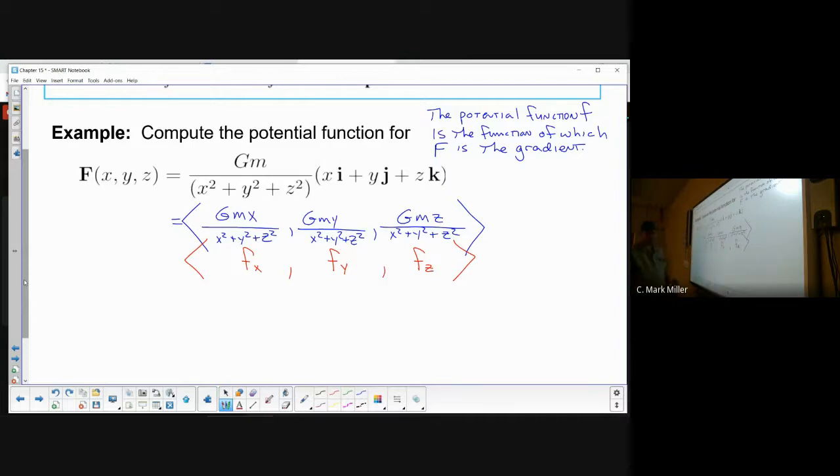All right. Hang with me a second. If I take the partial with respect to x and get this, what did my f have to be? Let's say that a different way. What's the antiderivative of this with respect to x?